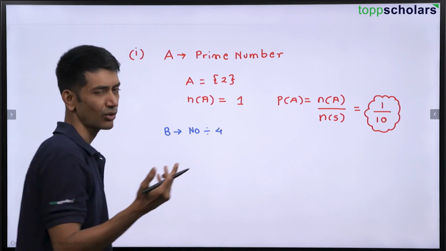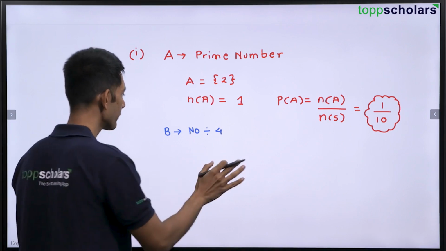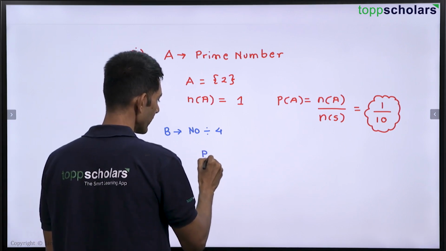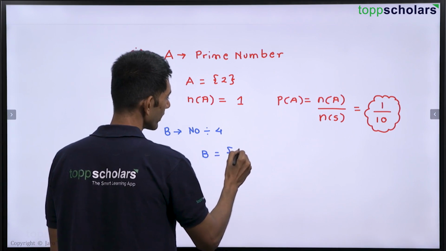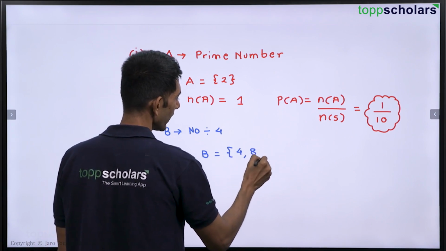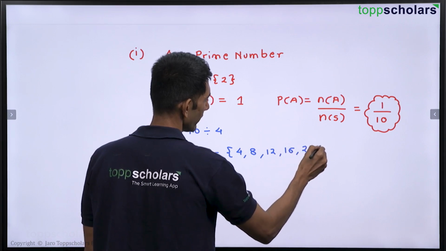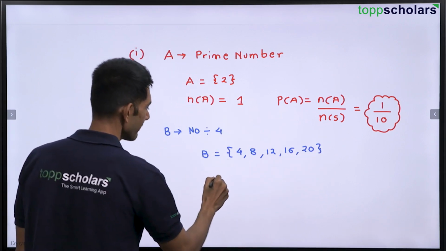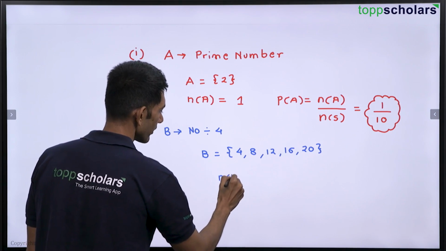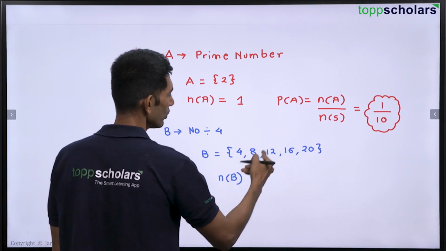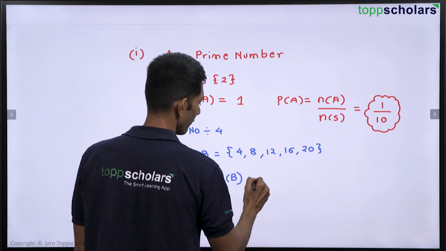In event B, what elements are going to come? 4, 8, 12, 16, 20. So n of B is 1, 2, 3, 4, 5. n of B is 5.